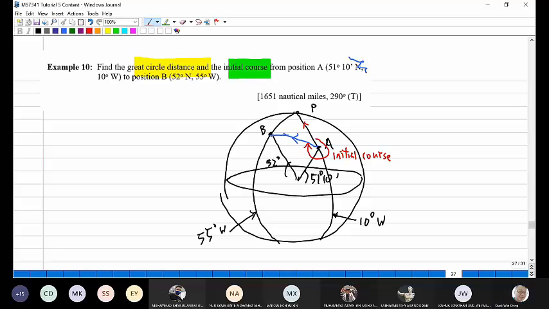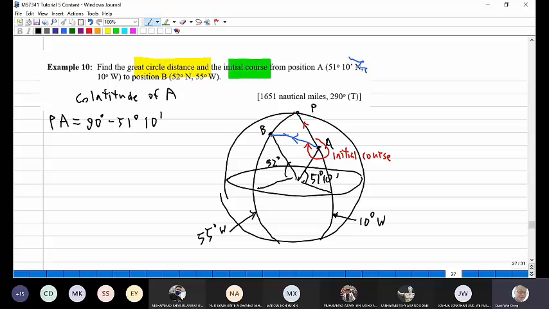Okay, to find it, first let's try to figure out what is the co-latitude PA first. How to find the distance from P to A? The total angle from the North Pole to the equator is 90 degrees. The co-latitude of A is equal to 90 minus 51 degrees 10 minutes, all right?